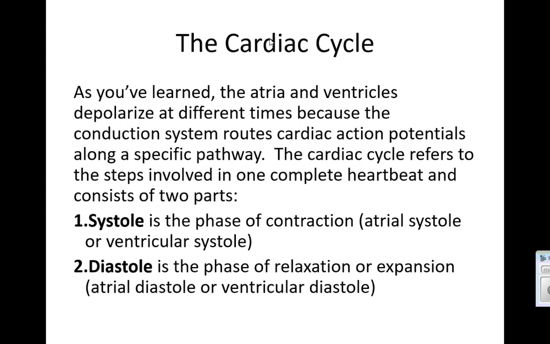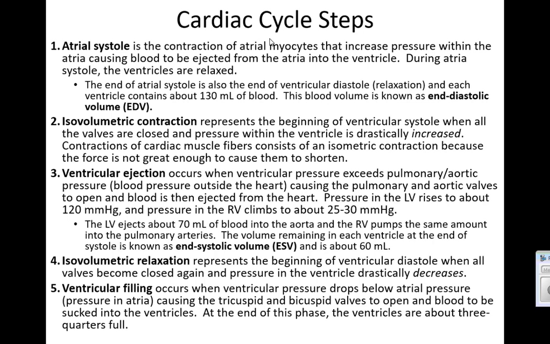Systole, which represents contraction of the heart, can be both atrial systole and ventricular. And then you've got diastole, which is where the heart is relaxed, which can be both atrial and ventricular. Together, we can basically combine those different components into 5 major cardiac cycle steps.